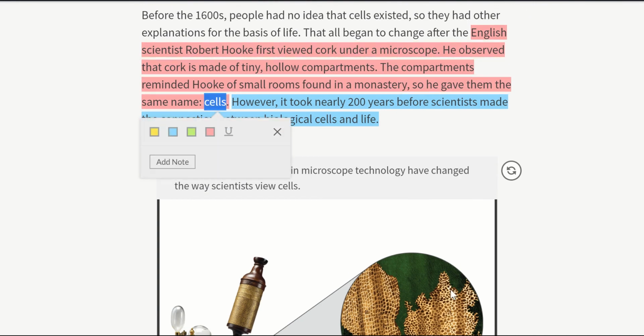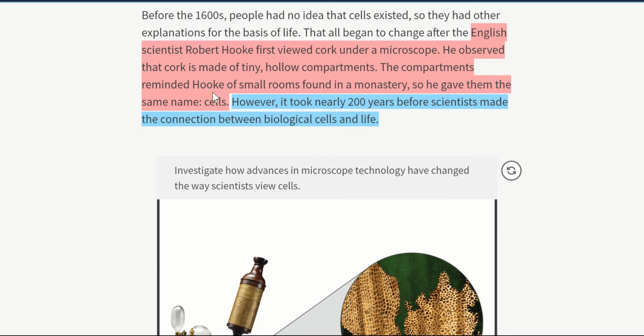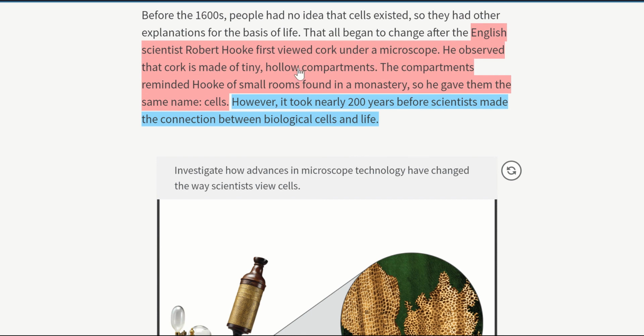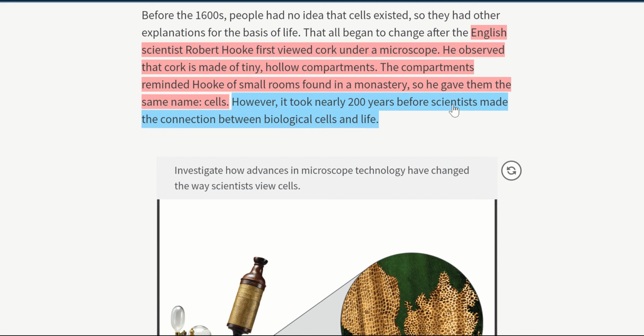He thought these little cells looked like the cells of a monastery where he lived, a monk's monastery. Also, it's important to know that it took nearly 200 years to make the link from cells to then all living things are made of cells, or cells are required for life.